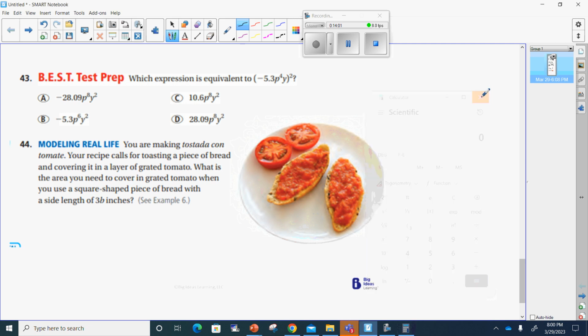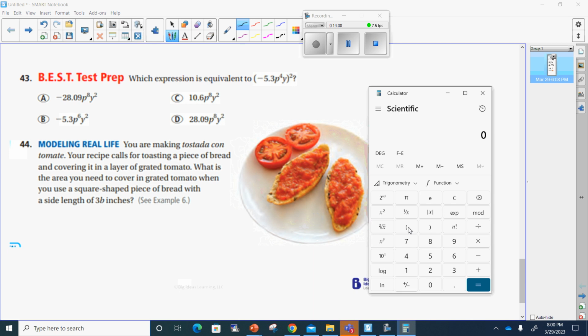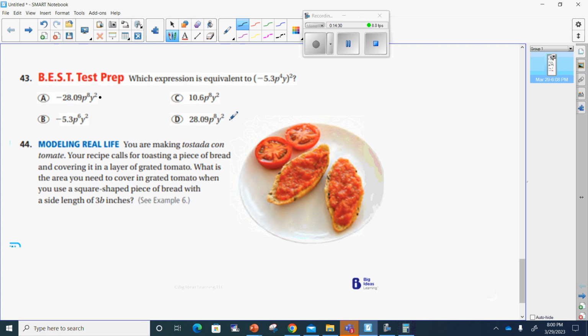I'm going to X out of this and go back into my calculator, hoping it resets. That's better. So I'll put this here and I'm going to put 5.3, make it negative, and close the parentheses and then put it to the 2nd power. And that gives me 28.09, which tells me it's either going to be A or it's going to be D.